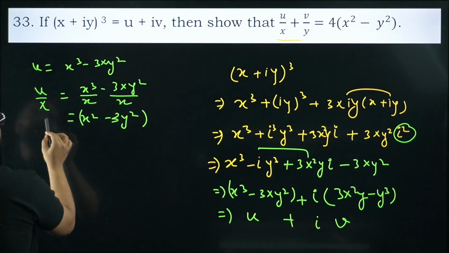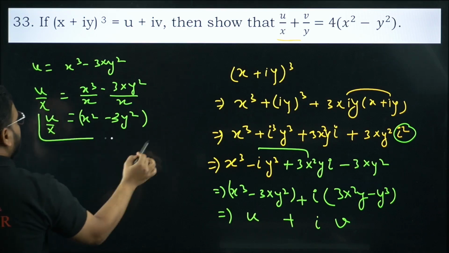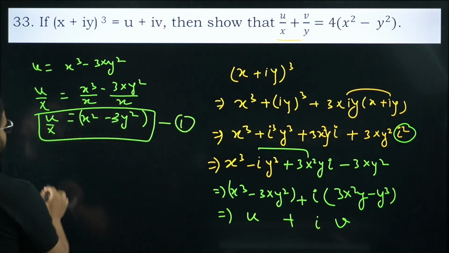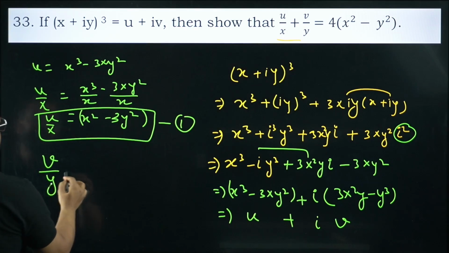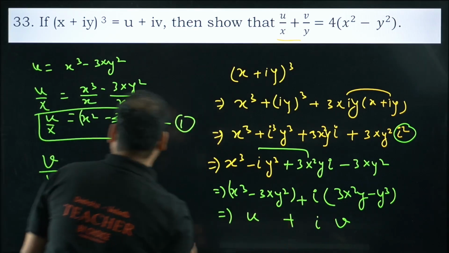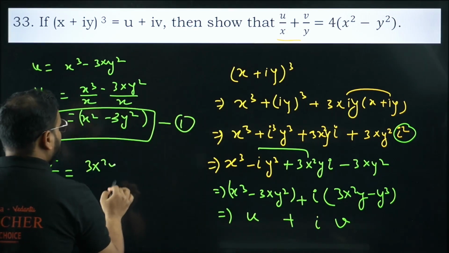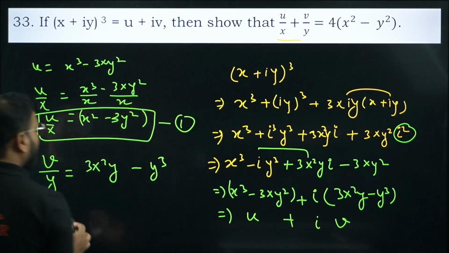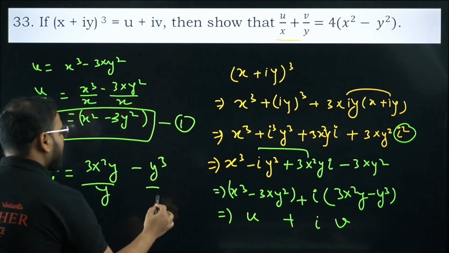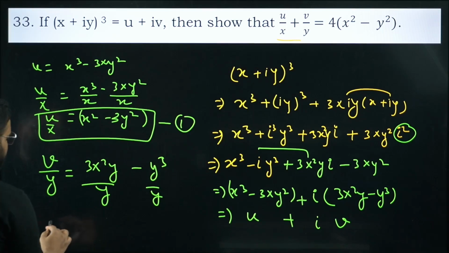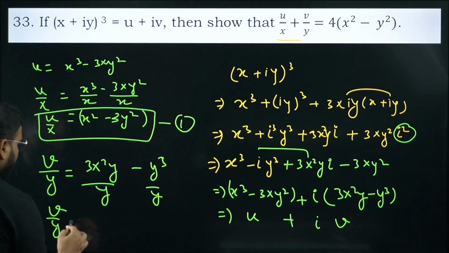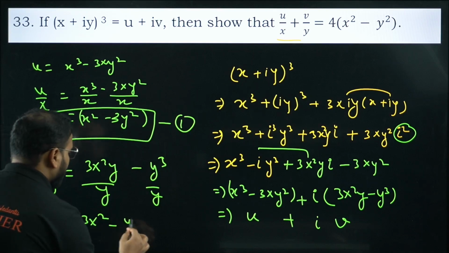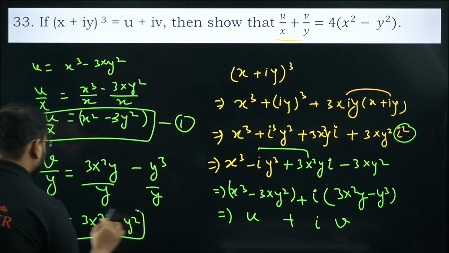This is u by x, my equation number 1. What else I have? V by y. What is the v value over here? 3x square y minus y cube. I want to divide this whole thing by y. So by y, I get v by y equals 3x square minus y square. This is my equation number 2.